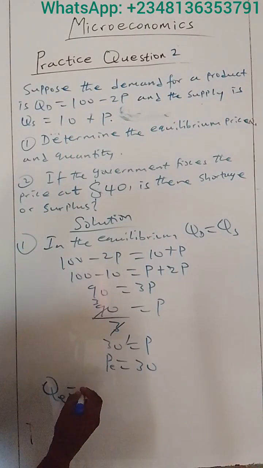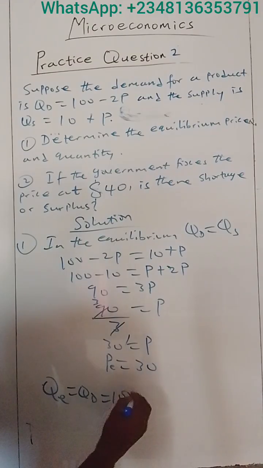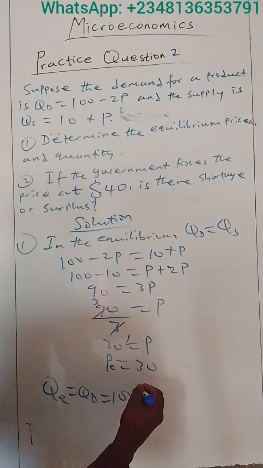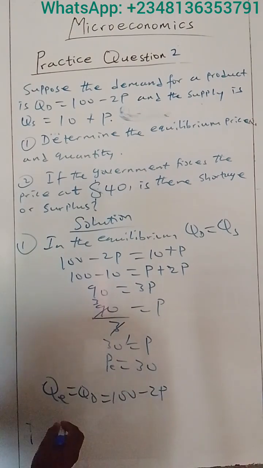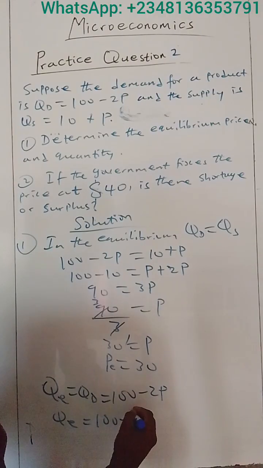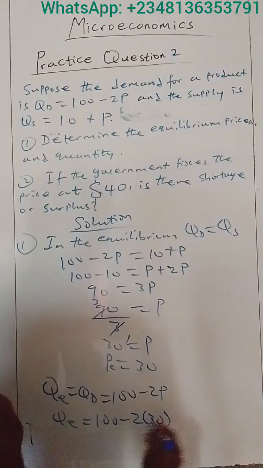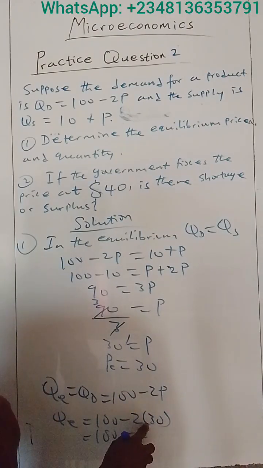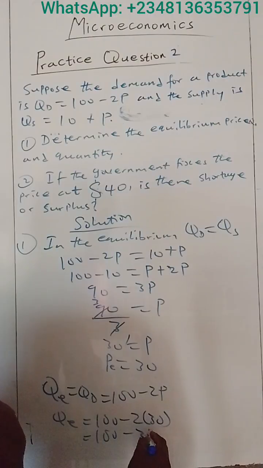QE is equal to QD, 100 minus 2P. So, in other words, I have my QE equals 100 minus 2PE. So we are going to put this P here. So we are going to have 100 minus 2 multiplied by 30. 2 multiplied by 30, we have 60.